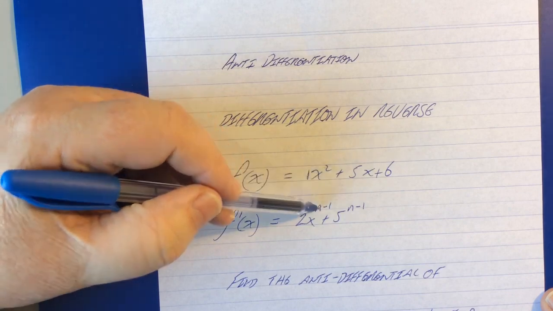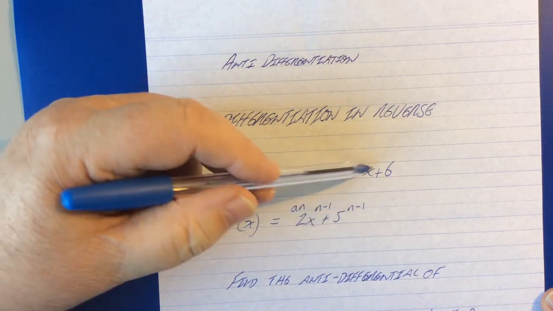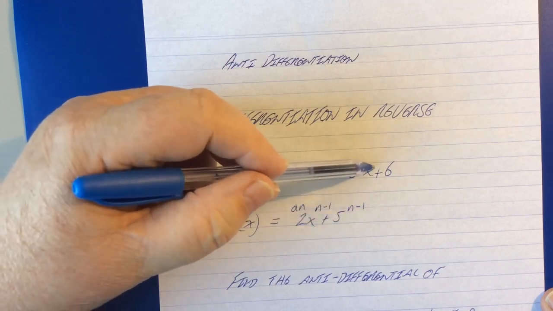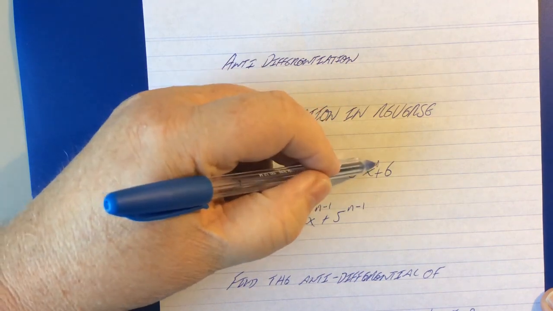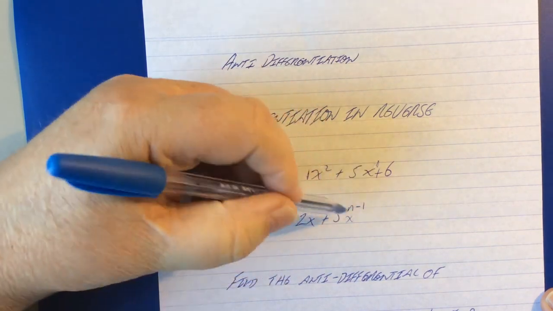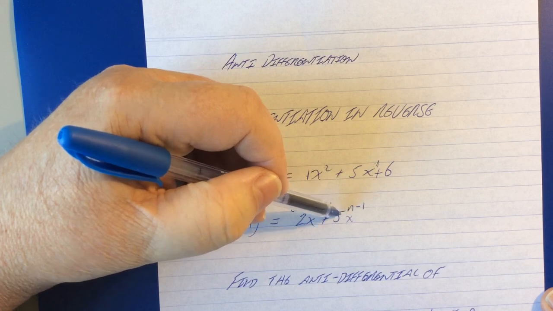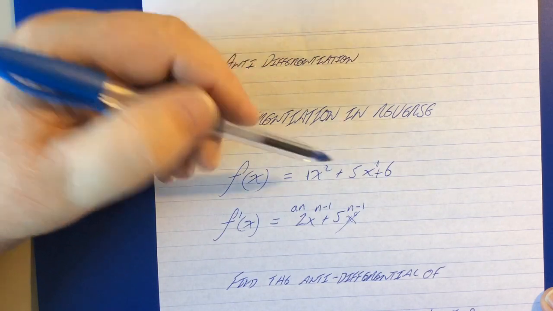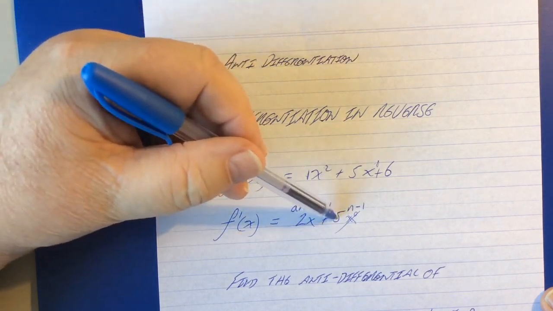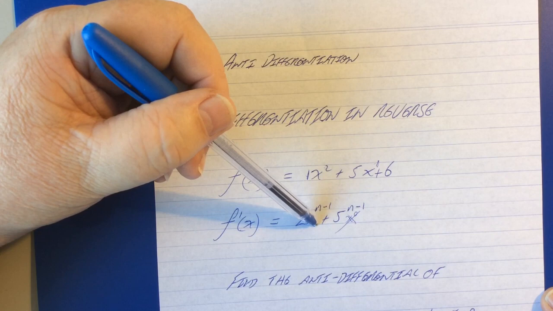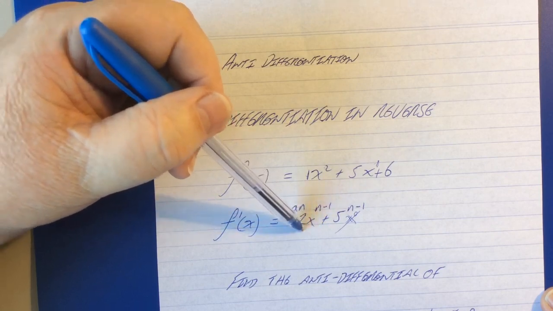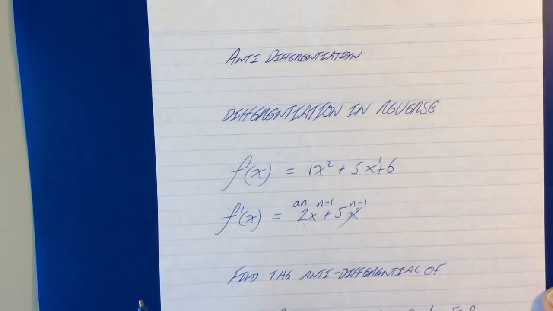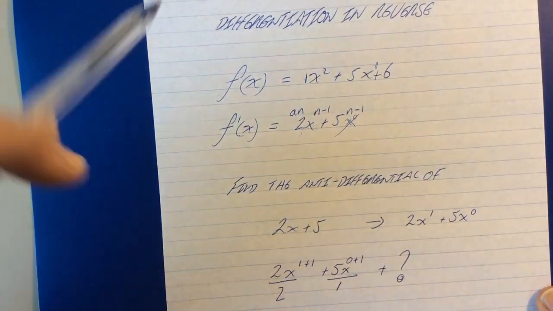We've subtracted 1 from that power, and with 5x we have subtracted 1 from the x here. So that is 5x to the power 0, which is 1, which is why that doesn't appear. So this is our differential here. And our job, as best we can, is to put this back into this form. That's an anti-differential. So let's go to work on that.